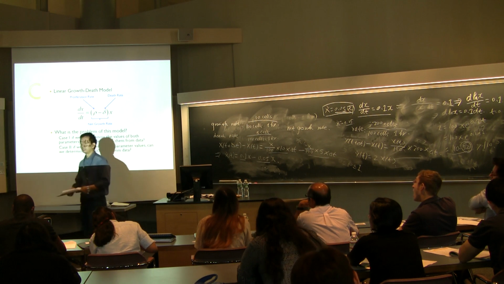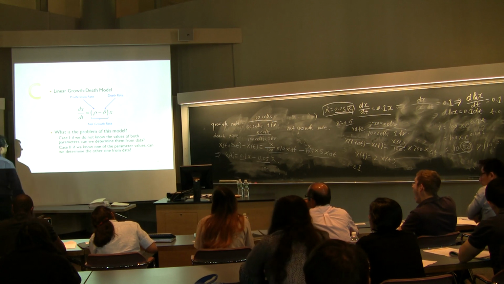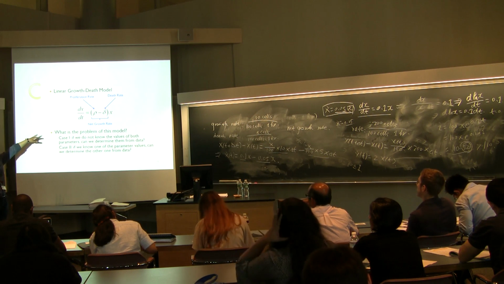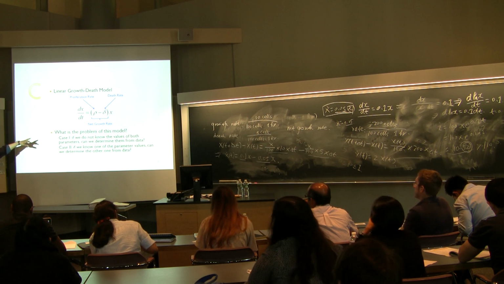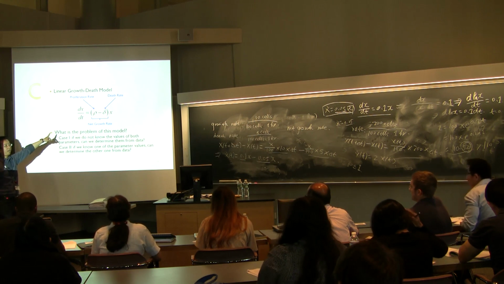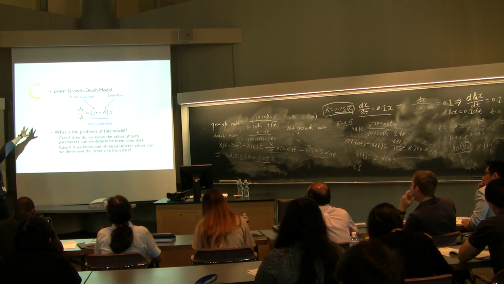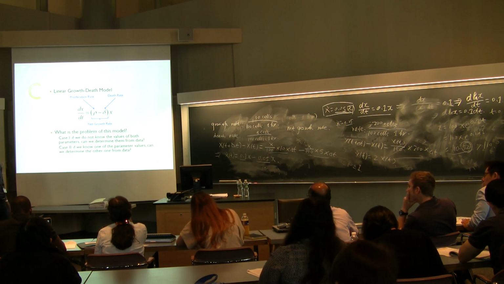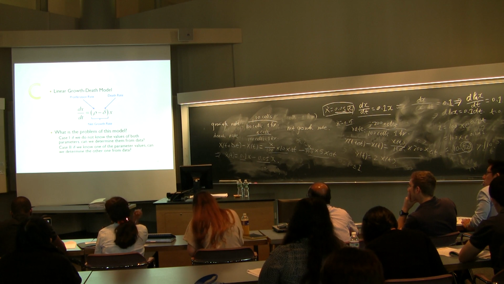This slide is the terminology, just for convenience, in case you forgot the names. The symbol doesn't actually matter. I personally use rho to denote the proliferation rate, delta to denote the death rate, and the difference between rho and delta is what we call the net growth rate.